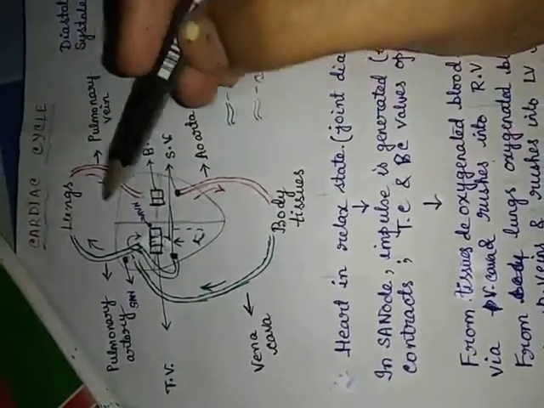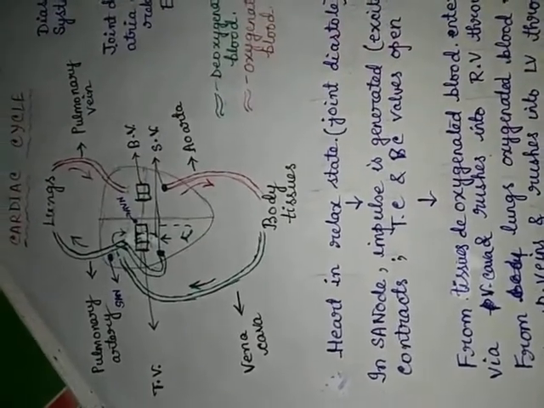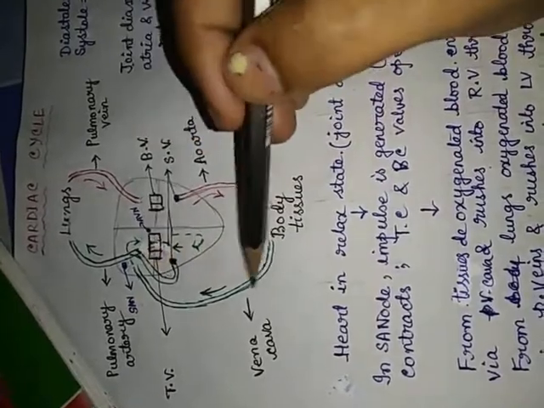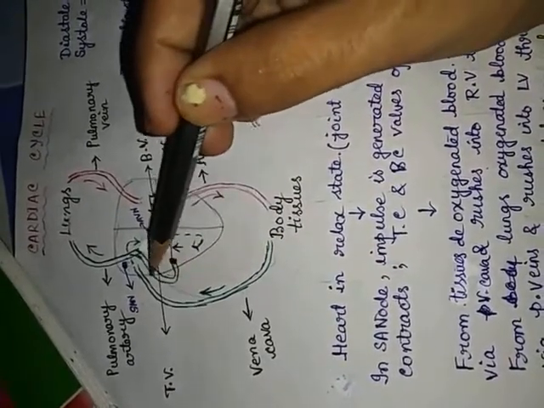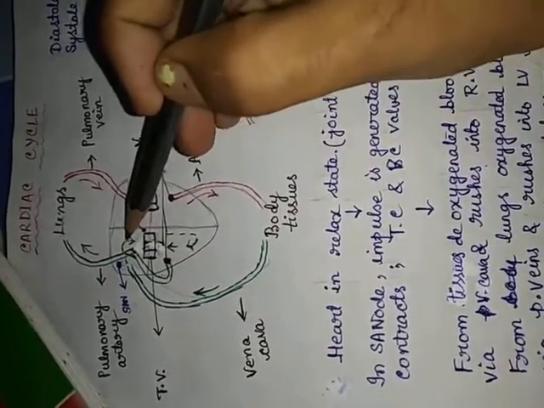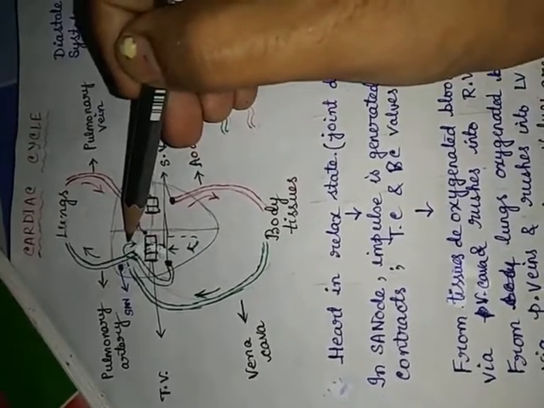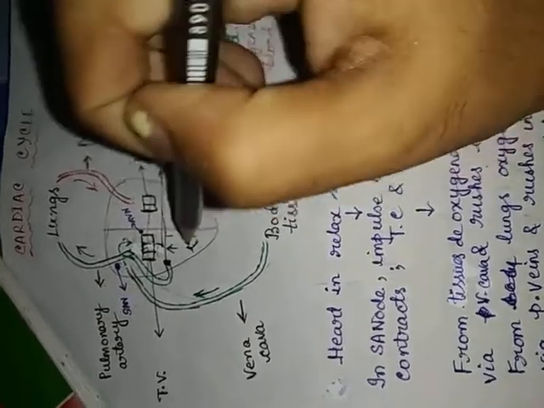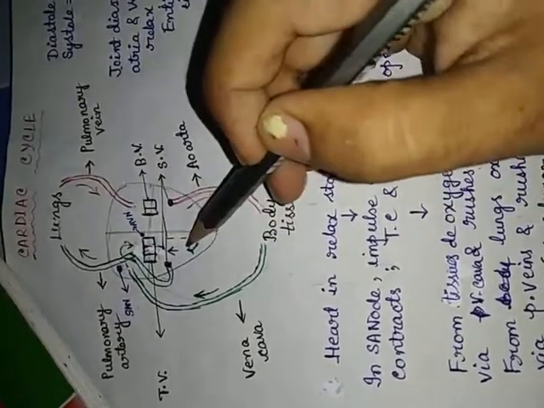Now from the body tissue, the deoxygenated blood via the vena cava directly enters into the auricle, and from the auricle it comes into the right ventricle.